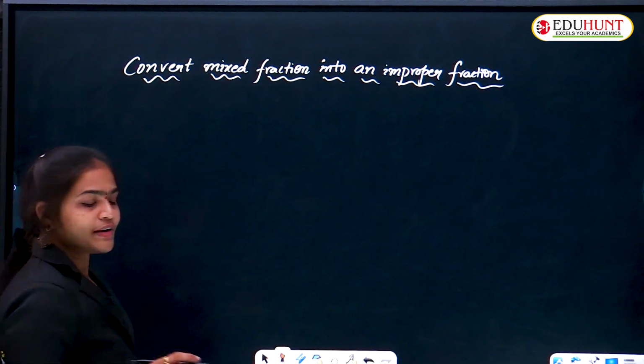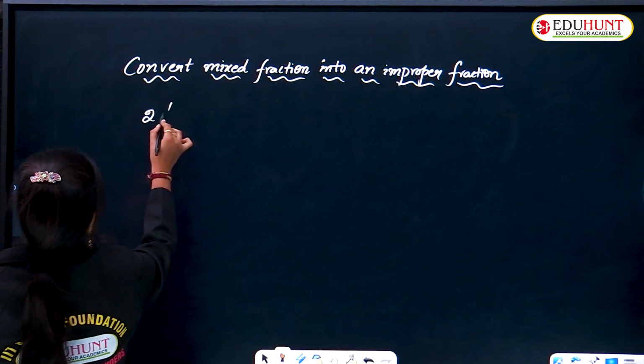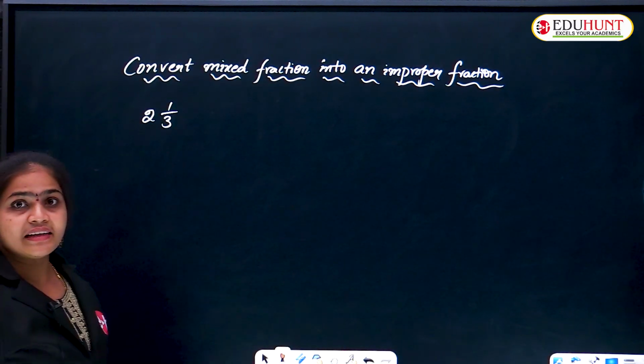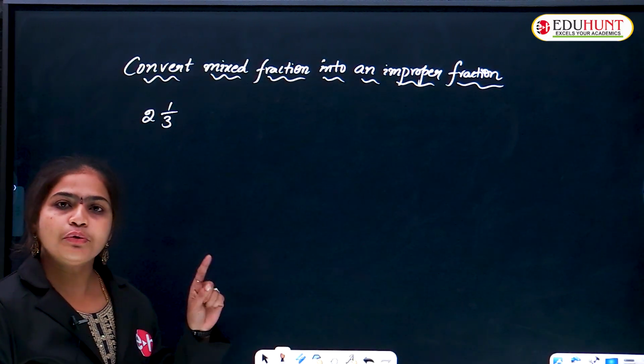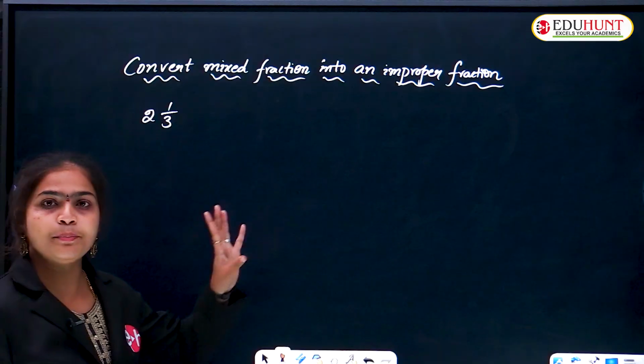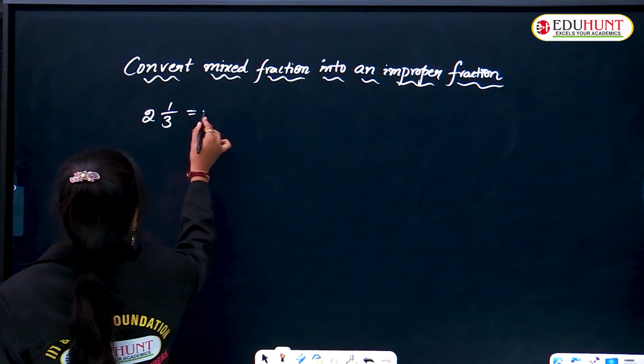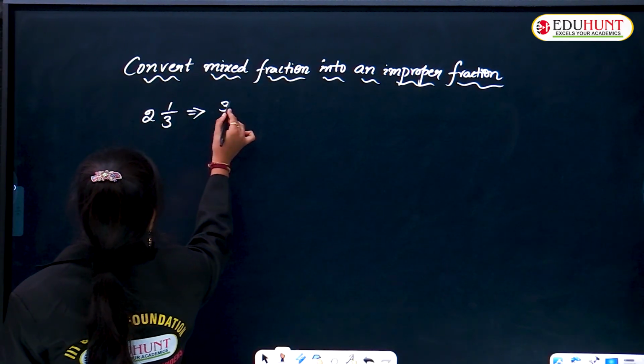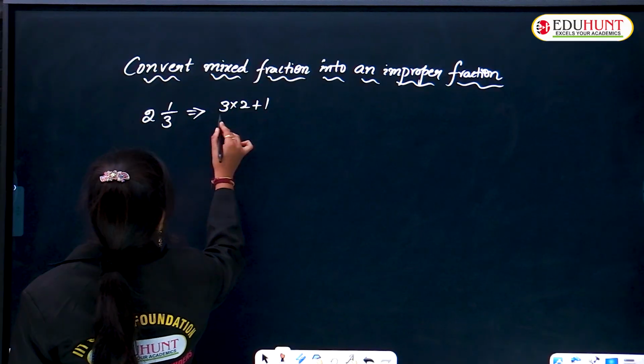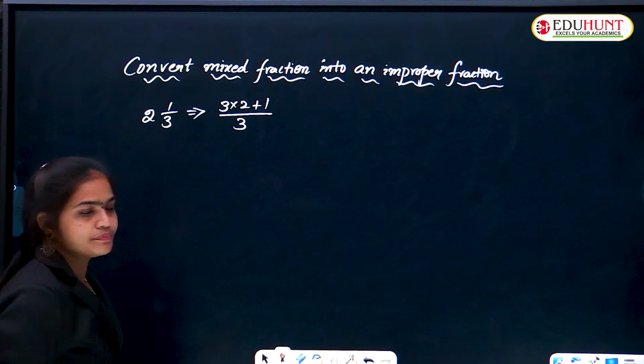Take the mixed fraction 2 and 1 by 3. That is a mixed fraction only, no? How do we convert it into an improper fraction? 3 into 2 plus 1 by 3. That is the method.